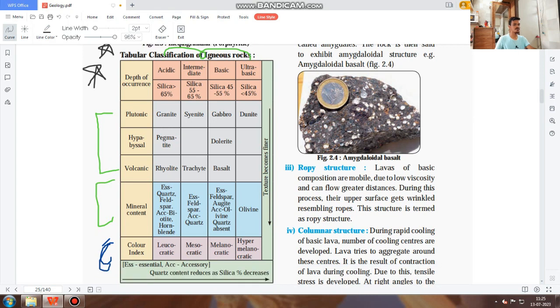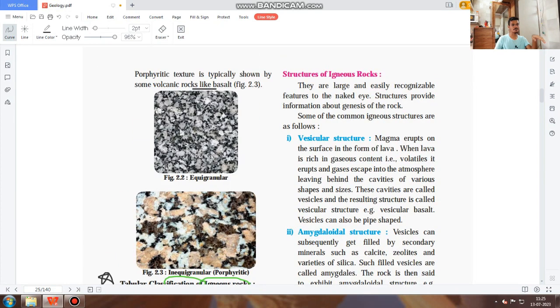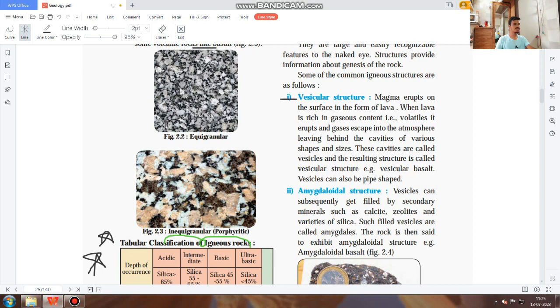As I told you, you have to remember this table. This table is important. Sometimes they ask questions from here to identify a rock, like whether the silica percentage is greater than 65, and the rock is granite, which comes under plutonic. So they can ask any question based on this table. Next we move on to structures of igneous rocks.